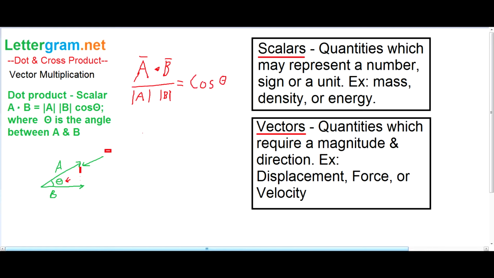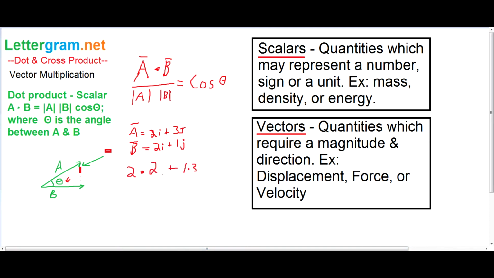So the easiest way to do that is if I make a equal to 2i plus 3j and vector b equal to 2i plus 1j.